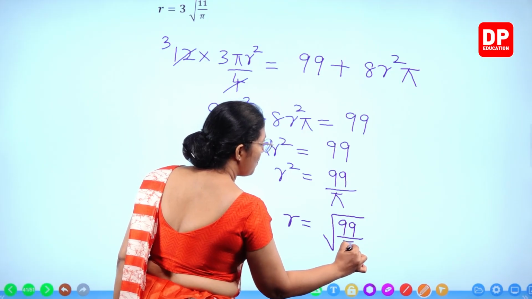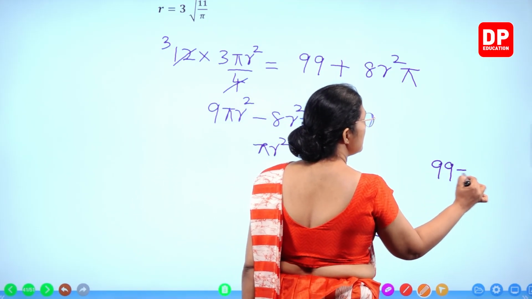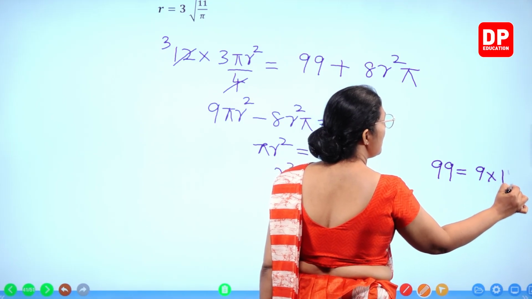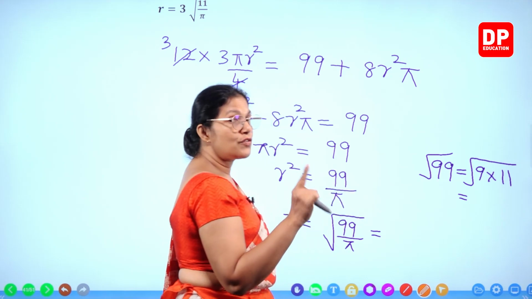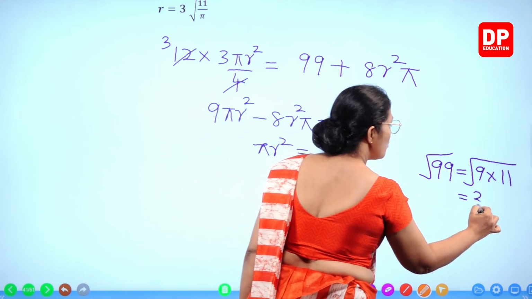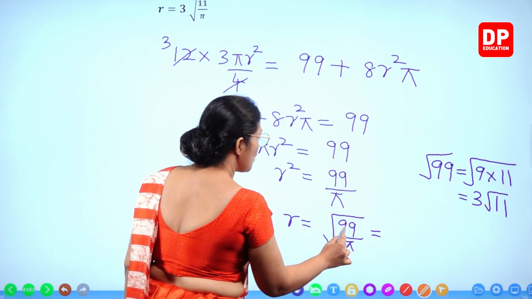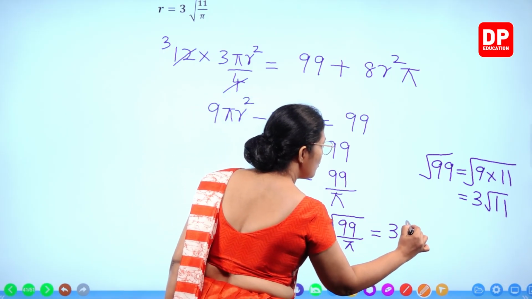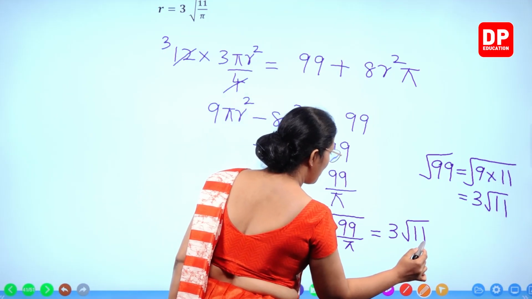99 over pi. So you can write 99 as 9 times 11, and when you take the square root, what happens? Square root of 9 is 3, 3 root 11. So instead of 99, you can write 3 root 11 over root pi.